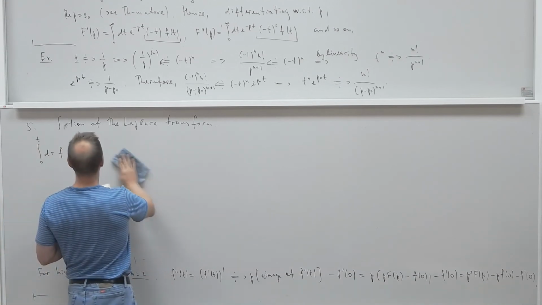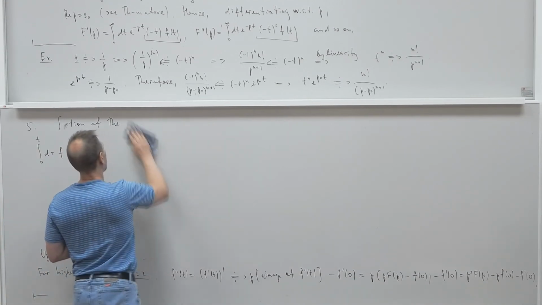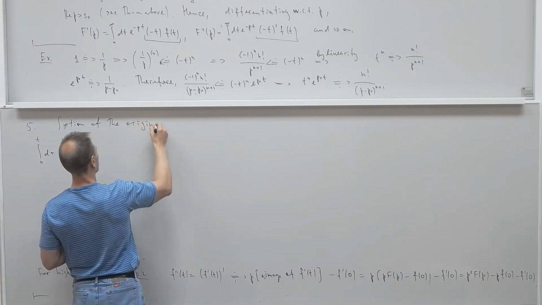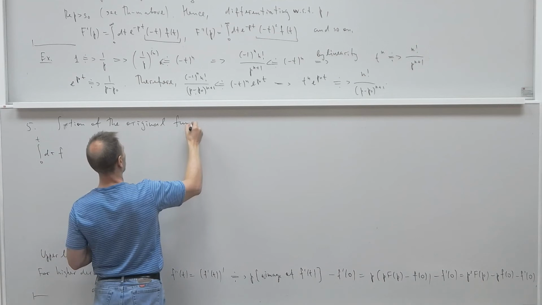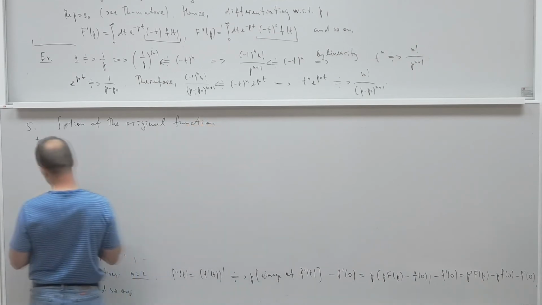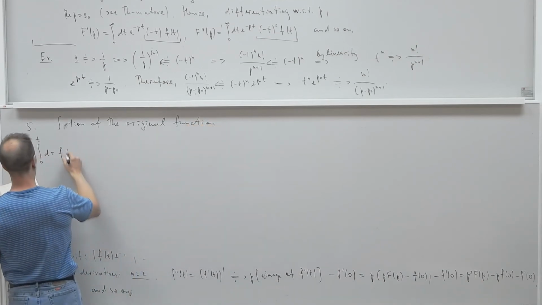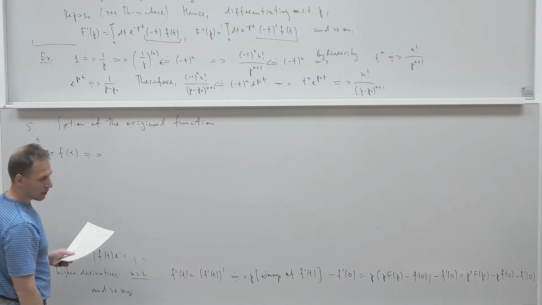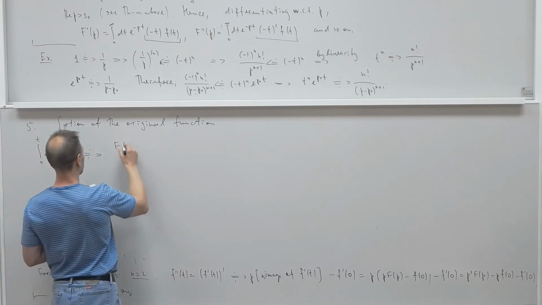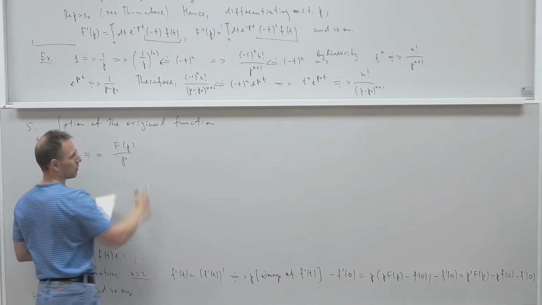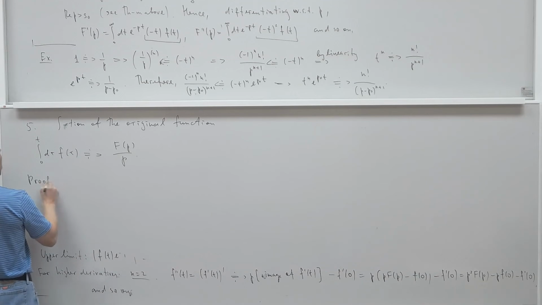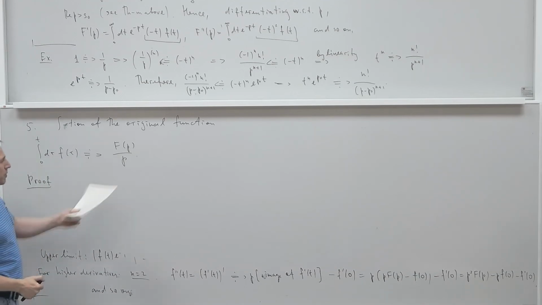Again, integration of the original function. Consider the Laplace transform of this definite integral, then it is transformed into such expression. We see that the integral is transformed into 1 over p.